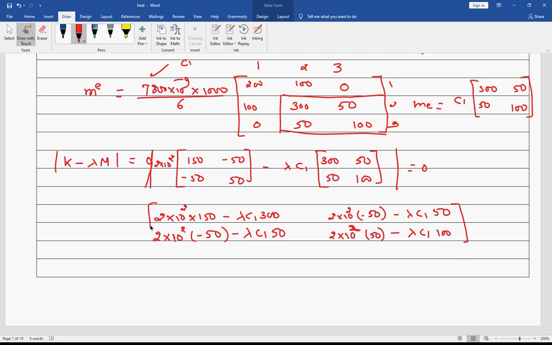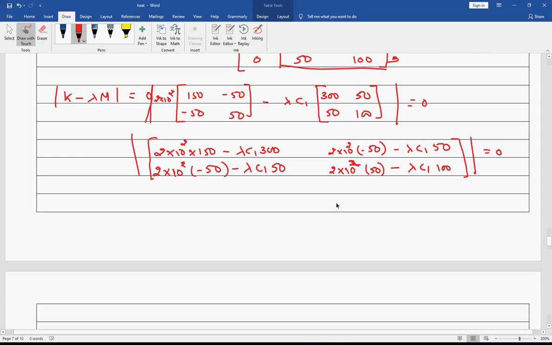Okay, so this is what is there, and its determinant is equal to 0. So basically you have to find the polynomial. Okay, so try to find out that polynomial, please.